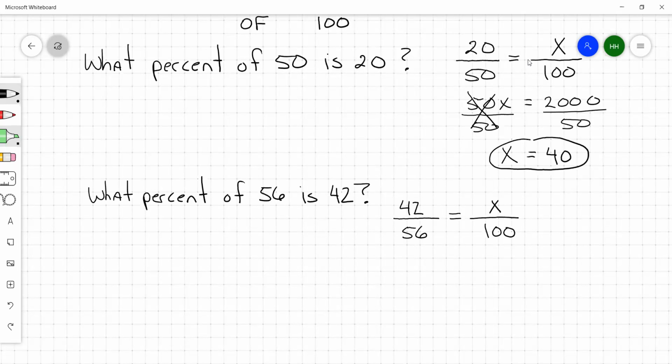Crisscross multiply: 56 times x is 56x, and 42 times 100 is 4200. Divide both sides by 56, and x is equal to 75.